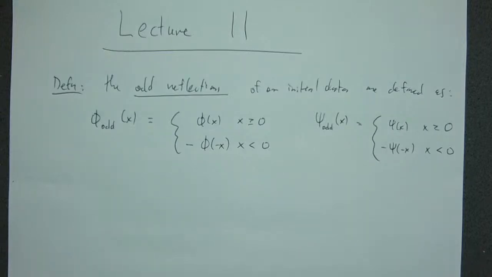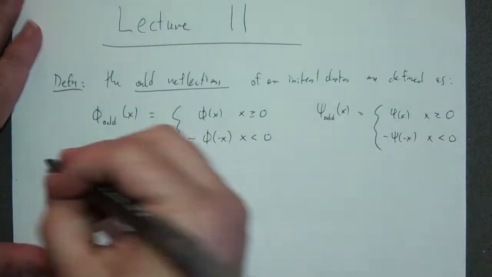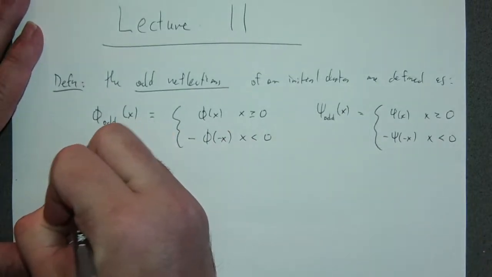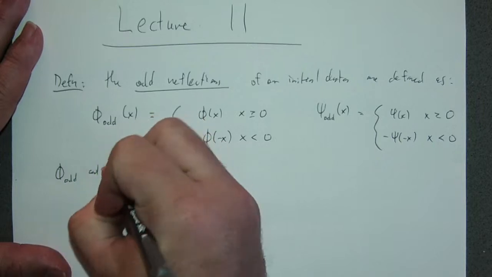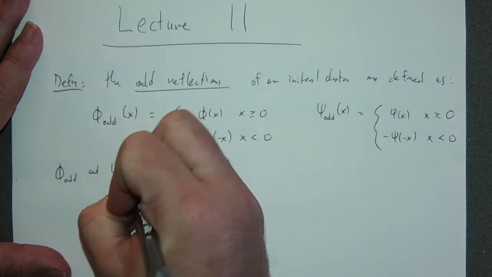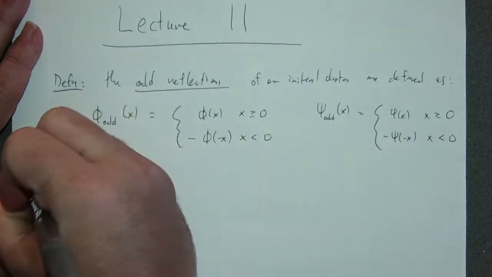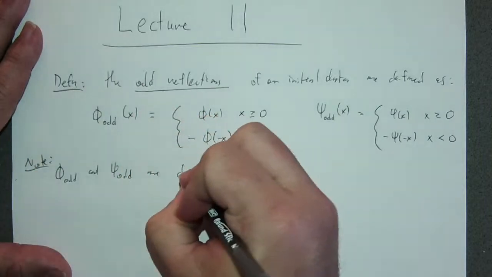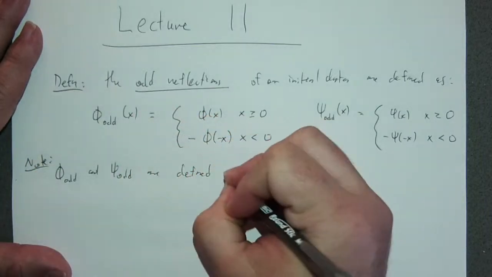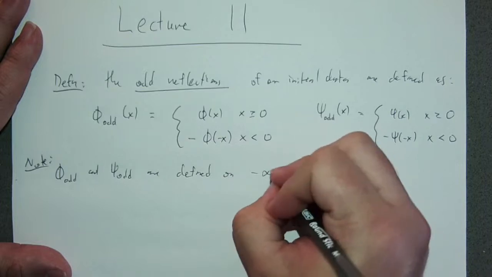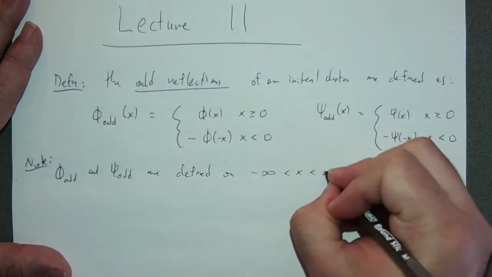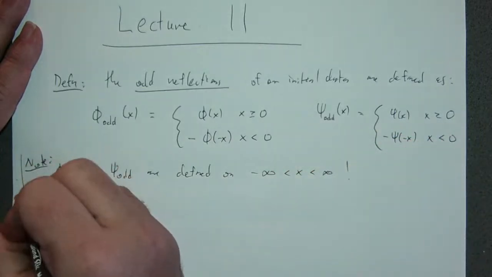Okay. So now, of course, phi odd and c odd, we should note, are defined on the entire real line, right?